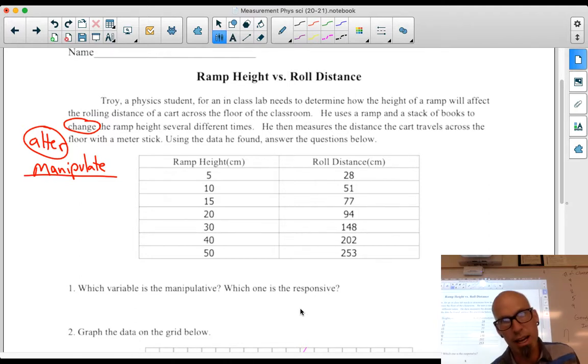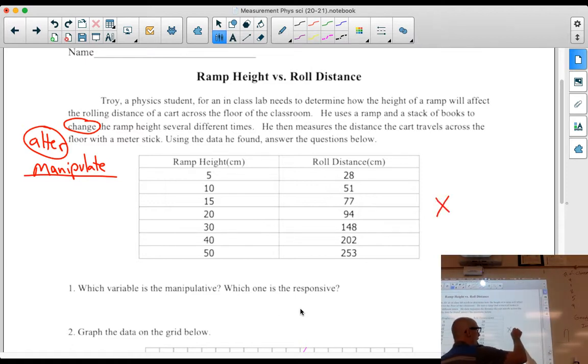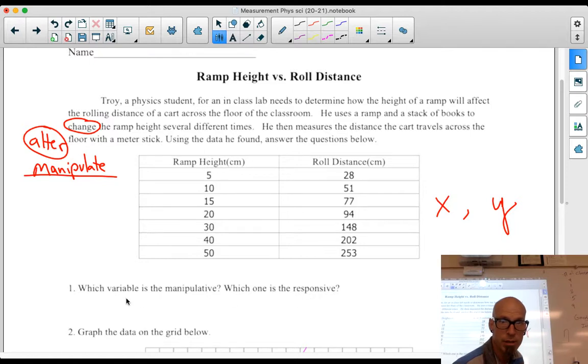I hope you're thinking X, Y, Z. So X comes first in the alphabet, then Y. Now in terms of M and R, for manipulative and responsive, which one comes first, the M or the R, in the alphabet? I hope you're thinking M. So M comes first in the alphabet, R comes second.